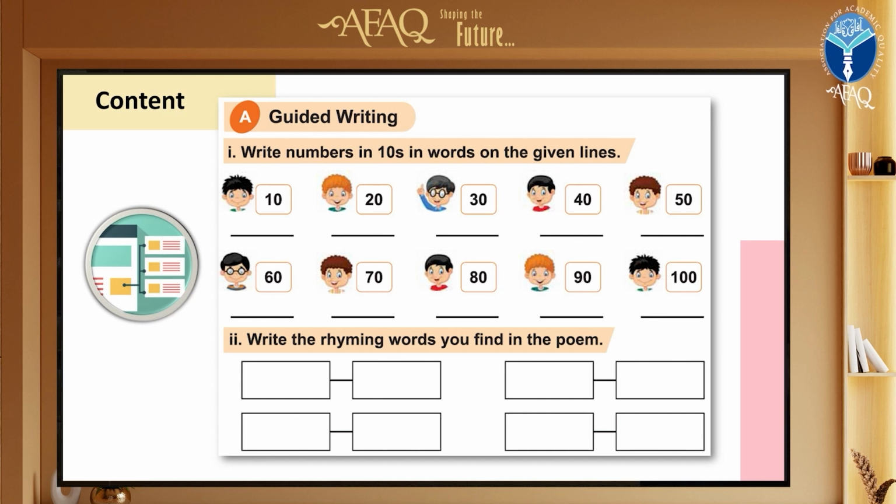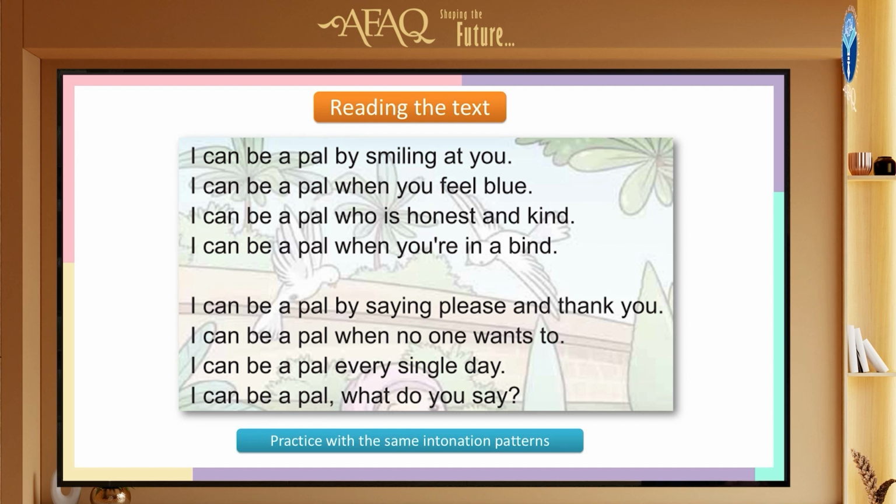So the next question says, my dear kids, write the rhyming words you find in the poem. A poem is always written in such a structure that the phrases end on rhyming words. To complete this question, we have to refer back to the poem. Here is the poem and all the phrases are ending on rhyming words like you and blue.